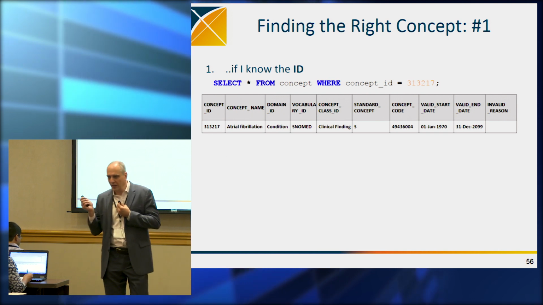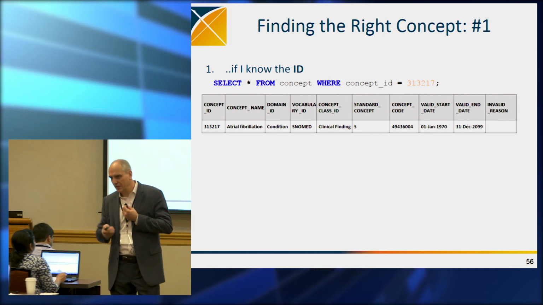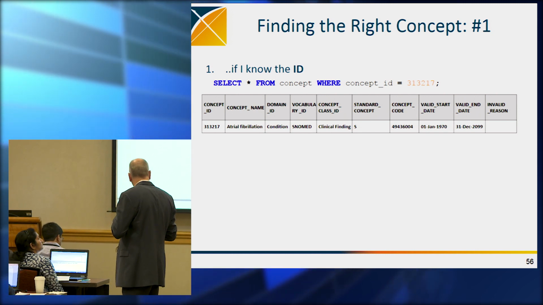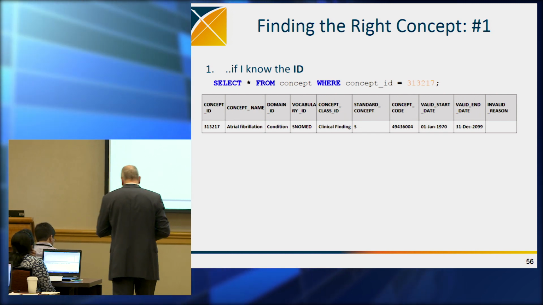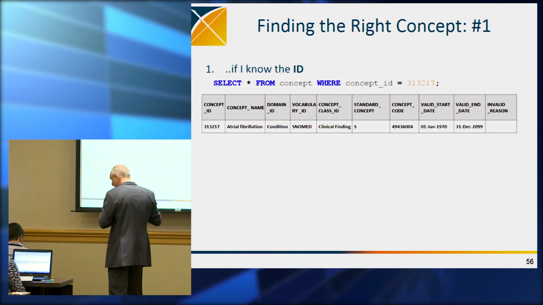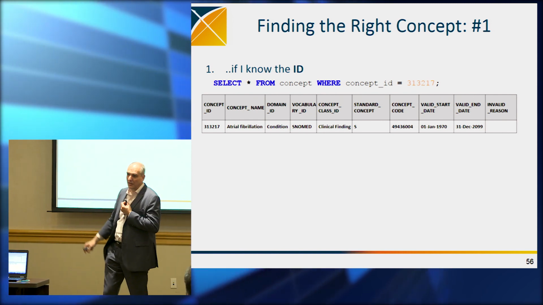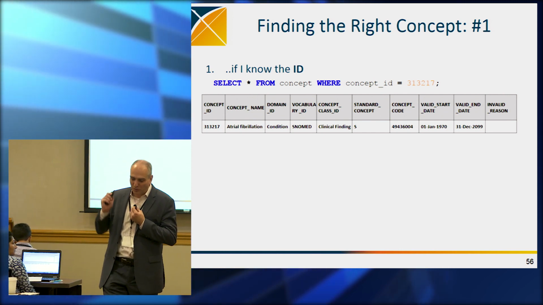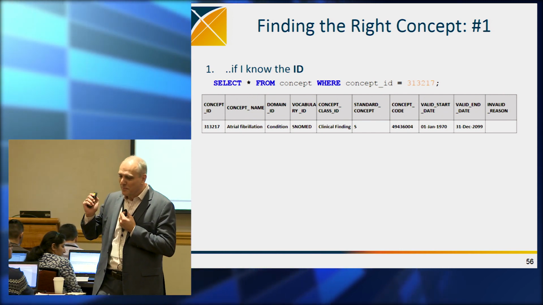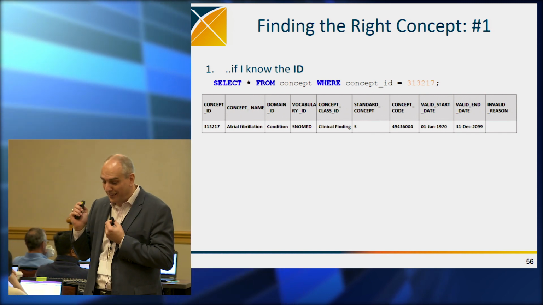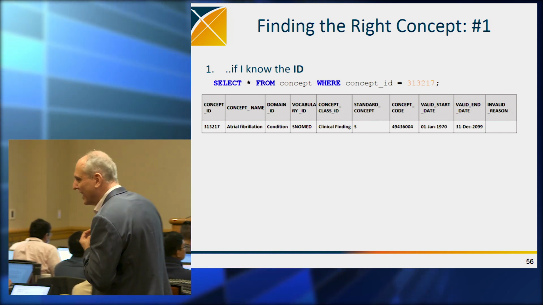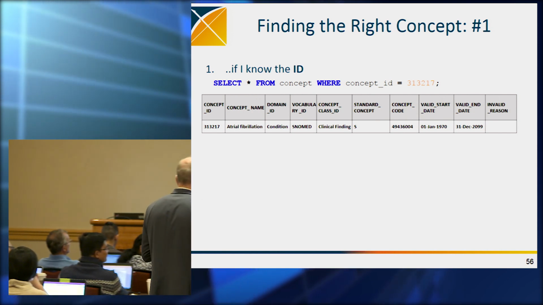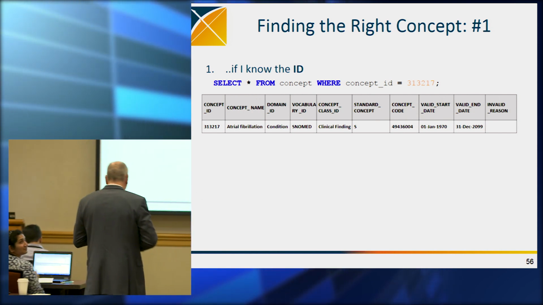We don't know when it came into being. And 31st of December 2099 means it's valid. The invalid date is way in the future, and probably none of us will get to the moment when the whole OMOP Common Data Model will break down, because it's the 1st of January 2100. So let those people figure out what to do when they get to that. Not going to be our problem.